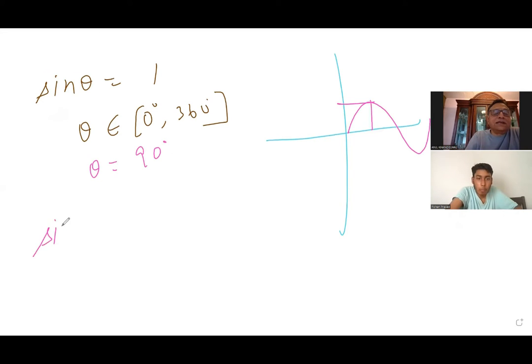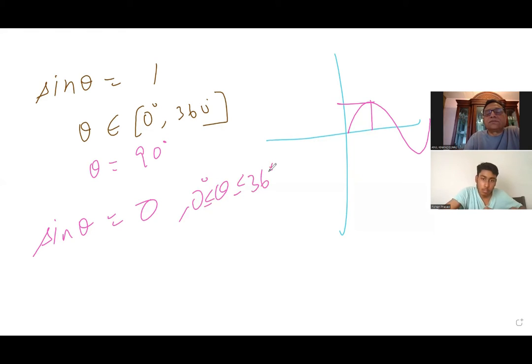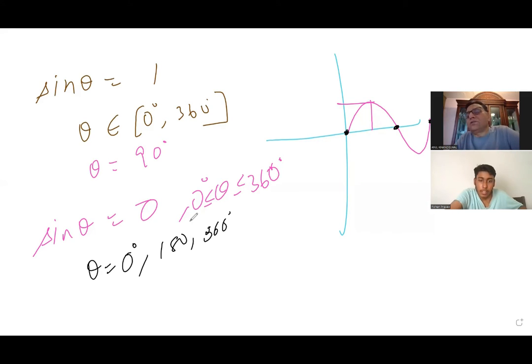If I say sine theta equals 0, how many answers are there, where theta is between 0 degrees and 360 degrees? So if sine theta is equal to 0, then there would be 3 solutions in this. Yes. Do you see that? So there could be many solutions.